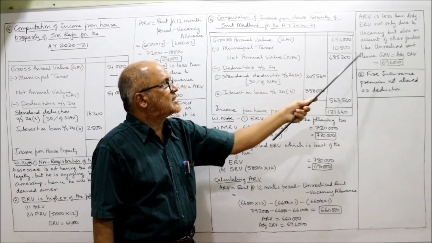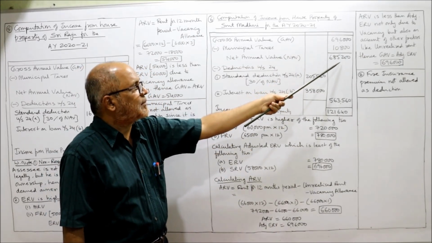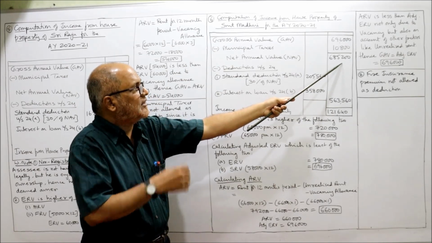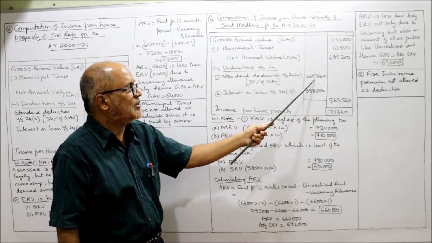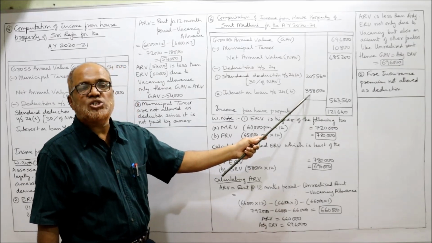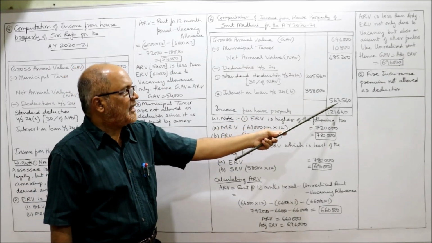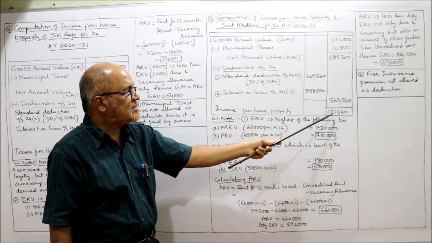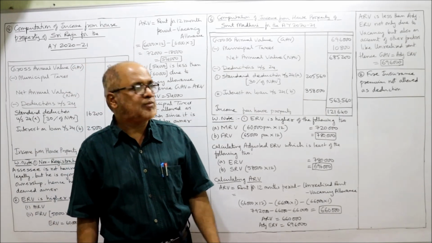The GAV is 6,96,000. Minus municipal taxes 10,800, subtract, 6,85,200. 30% of 6,85,200 is 2,05,560, plus interest on loan 3,58,000. Take the total 5,63,560 minus 1,21,640. This is the income from house property.